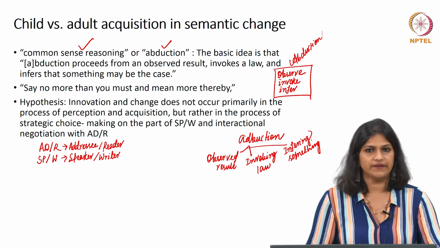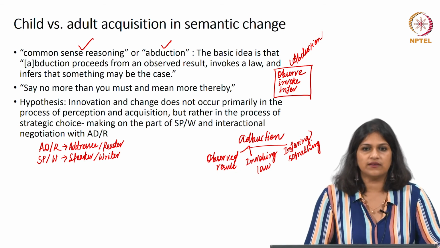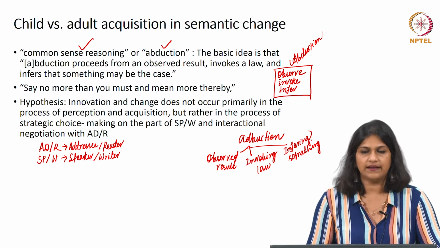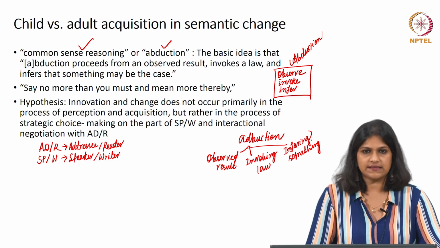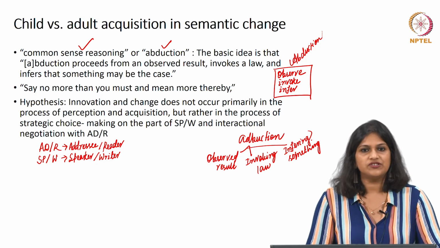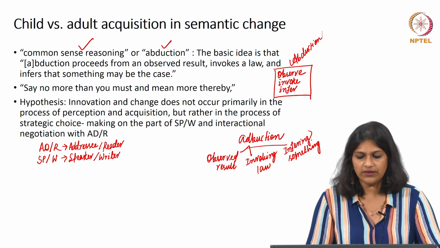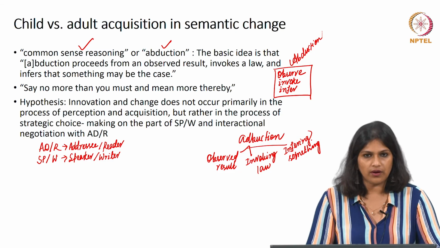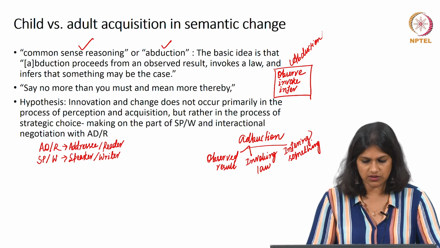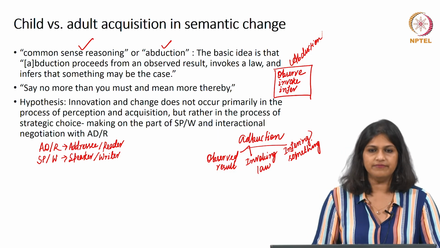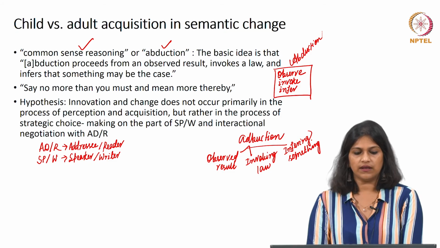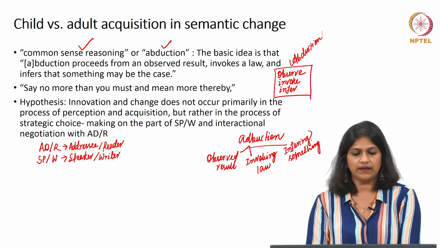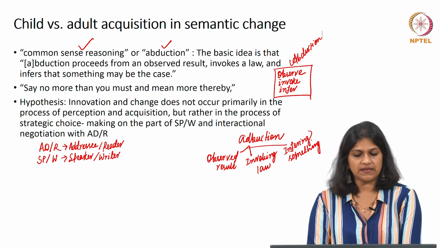So, such a thing can be hypothesized in relation to innovation. So, what is that innovation and change hypothesis that would state such a statement? The hypothesis is that innovation and change does not occur primarily in the process of perception and acquisition, but rather in the process of strategic choice. So, innovation is not really happening in the process of perception or acquisition.